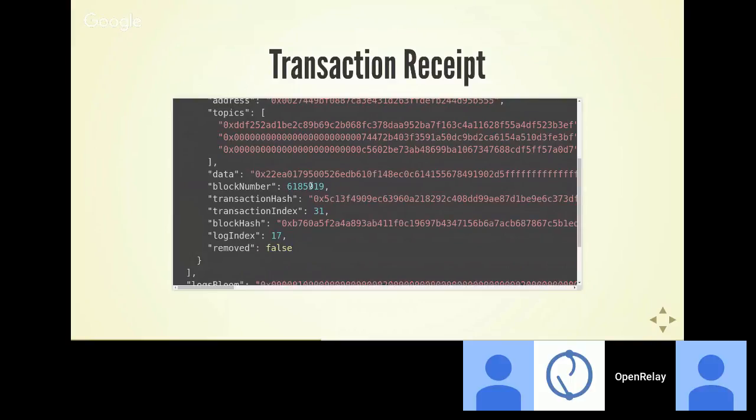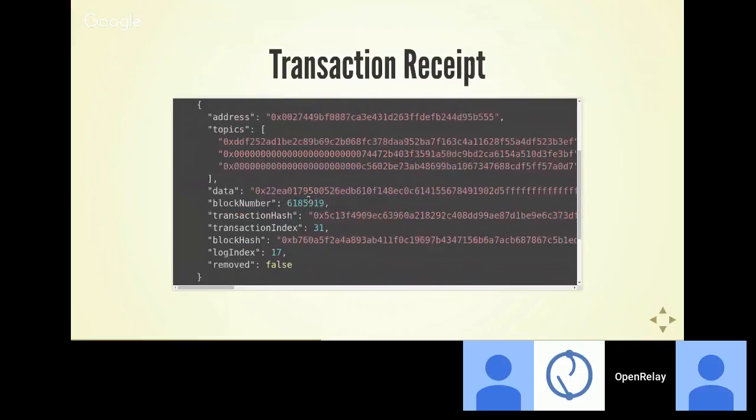And then we have, again, the log will actually include the same information that the transaction receipt already has, because when you're processing a log, you don't always have easy access to that information. So it gives us the block number, it gives us the block hash, it gives us the transaction hash. The transaction index tells us that this was the 31st transaction processed as a part of block 6,185,919.